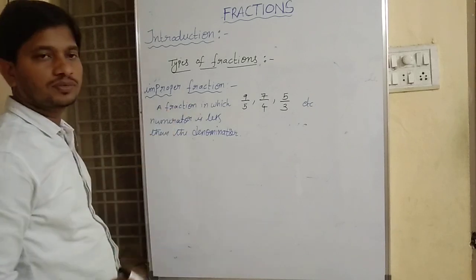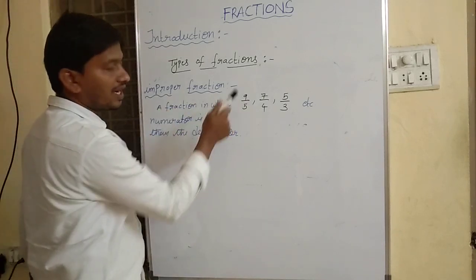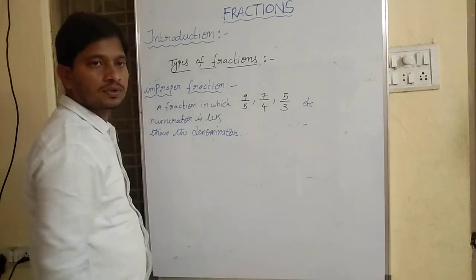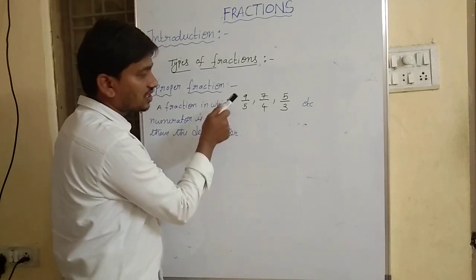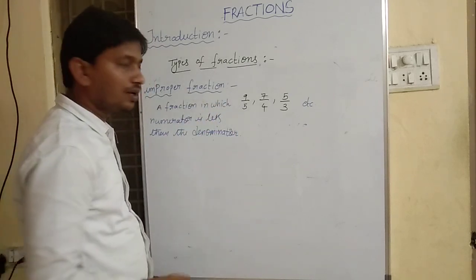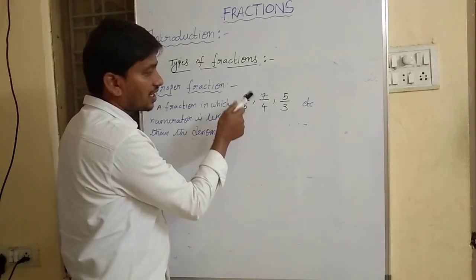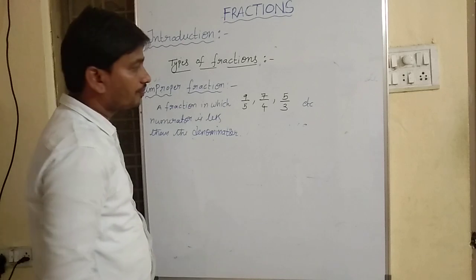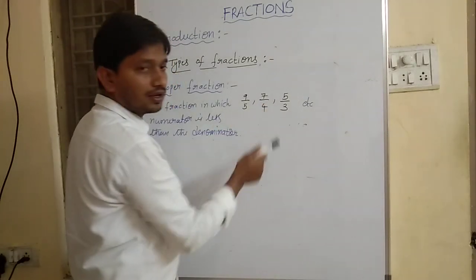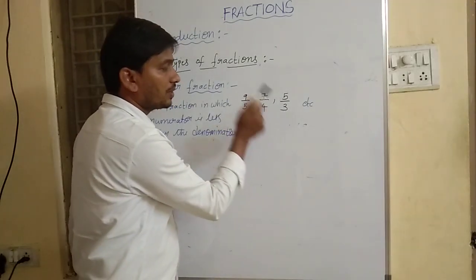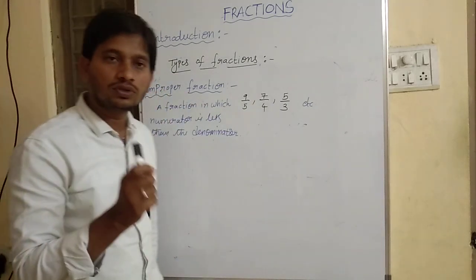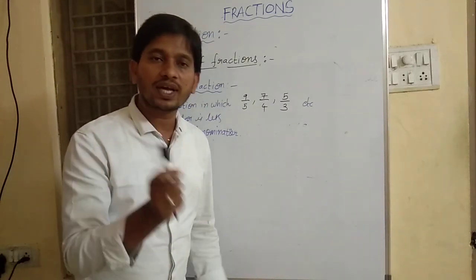You observe here the numerator is 9, which is greater than the denominator, that is 5. Here the numerator is 7, which is greater than the denominator, 4. Here the numerator is 5, which is greater than the denominator, 3. So what do you mean by improper fraction?